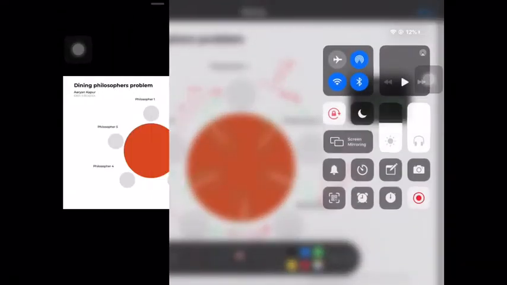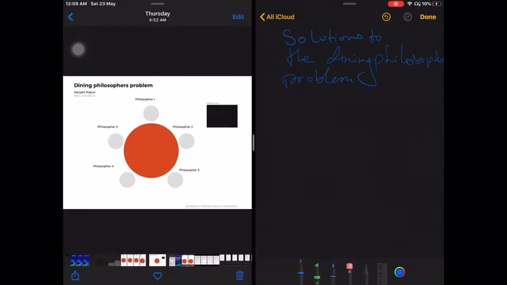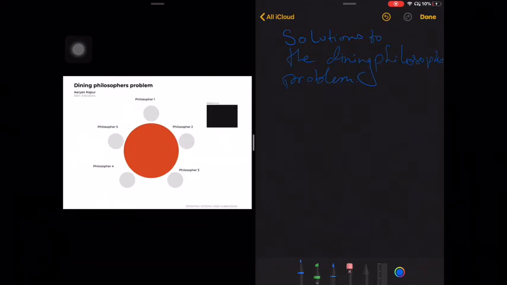So now we will start discussing the solutions to the dining philosopher's problem. We will be looking into four different solutions and one improvement to one of them.